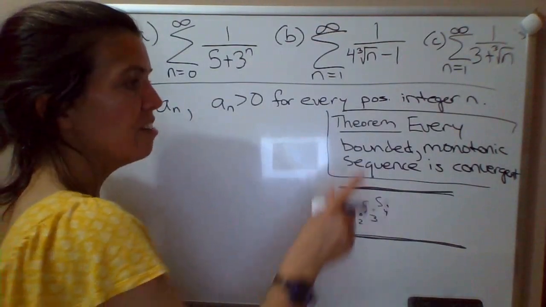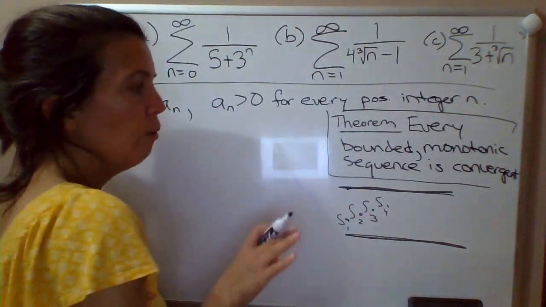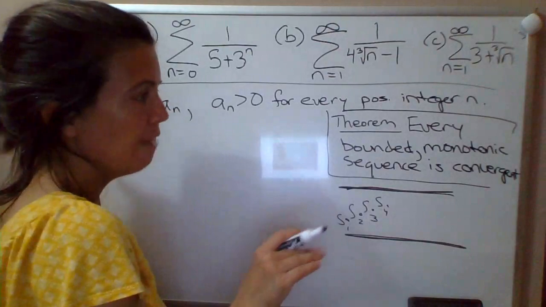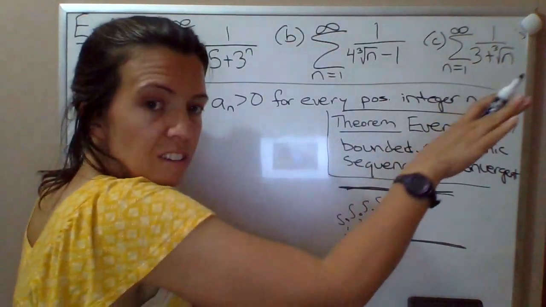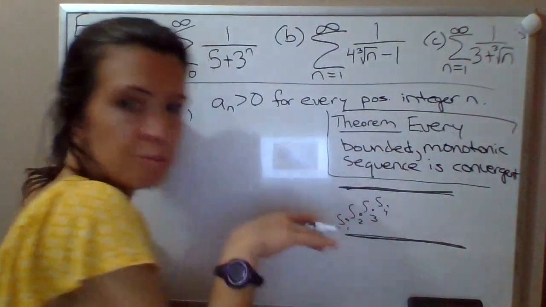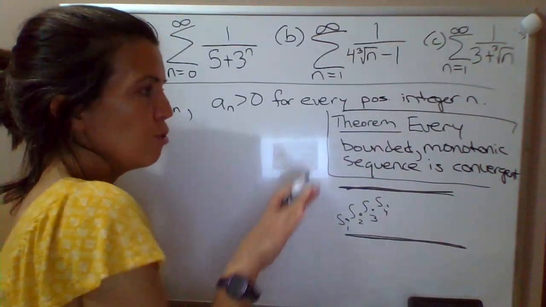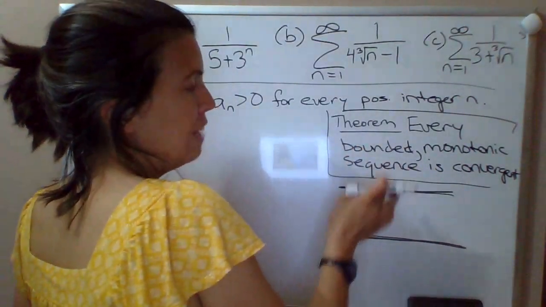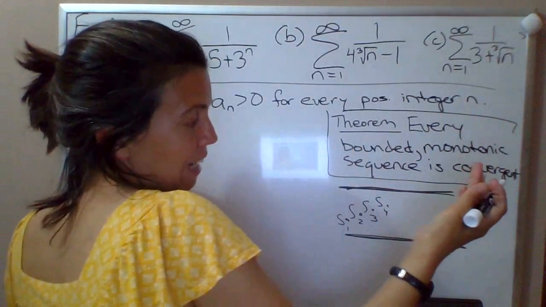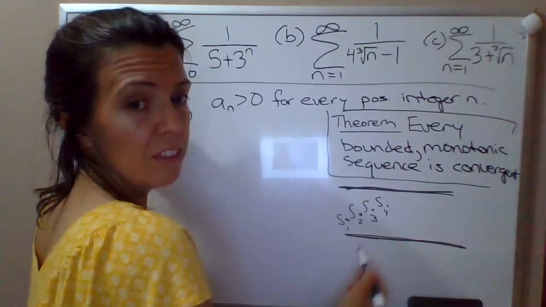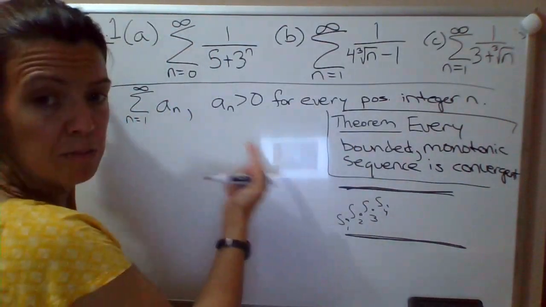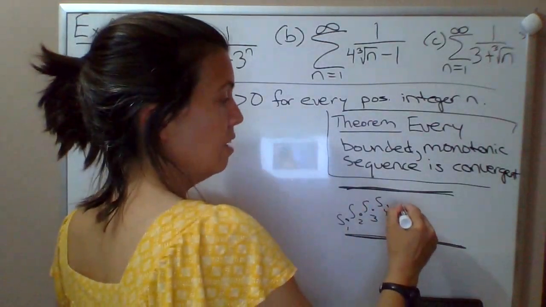Monotonic means it's monotone, so it's going only in one direction. You can have a function that's monotonically increasing or monotonically decreasing. It just means it never turns around. It never changes direction. So if it's bounded, and let's say it's monotonically increasing, I'm going to make an argument that the sequence of partial sums in this case must be monotonically increasing.